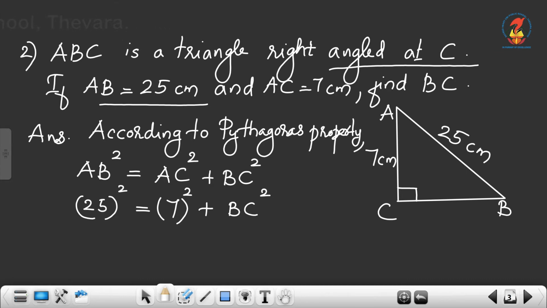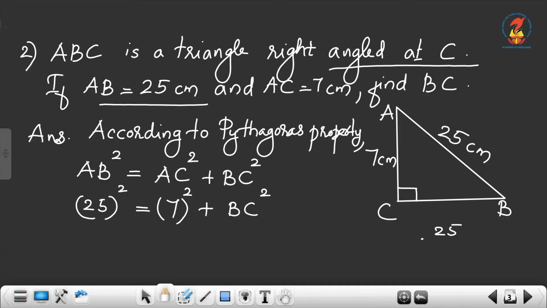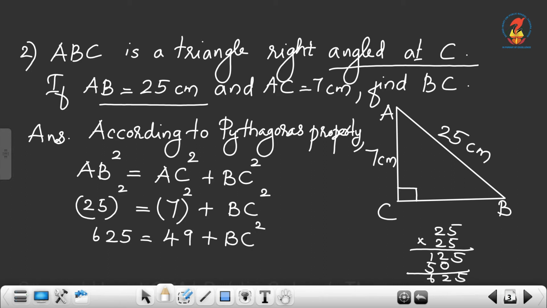Now, what is 25 square? 25 square means 25 into 25, which is 625. So, 625 is equal to 7 square, 7 into 7, 49, plus BC square.